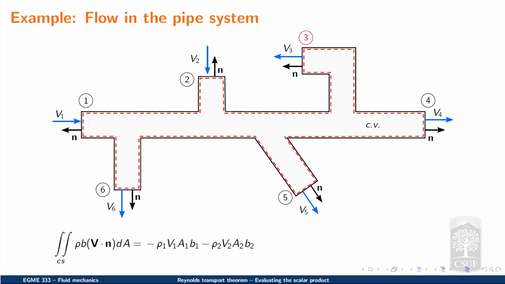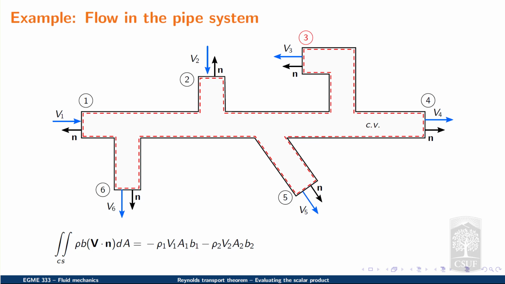Moving on to point 3, in this case we see the opposite, where the local velocity, capital V sub 3, happens to be pointing in the same direction as the local unit vector little n. Therefore, we can conclude that surface 3 corresponds to an outlet.